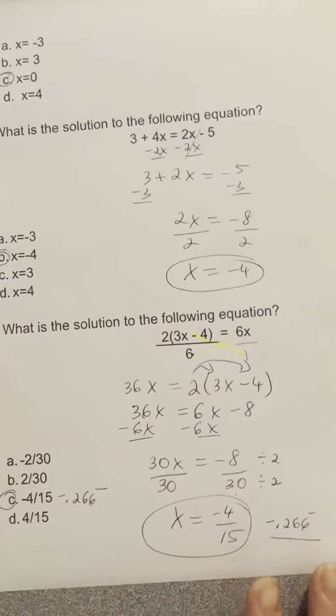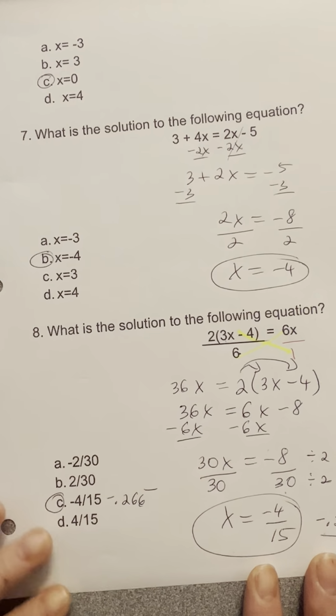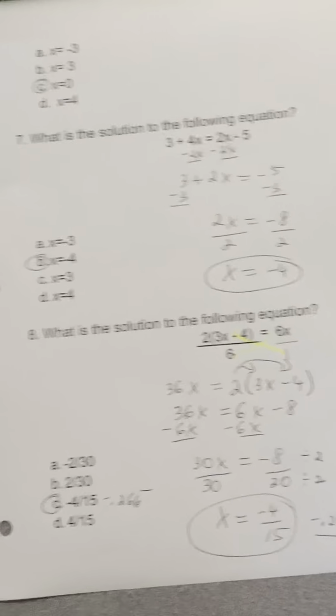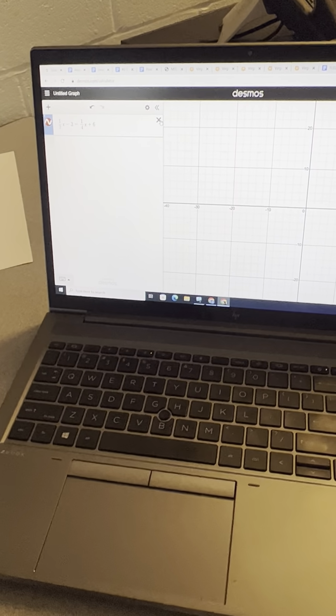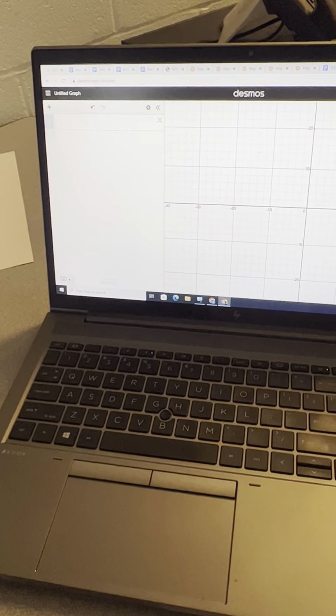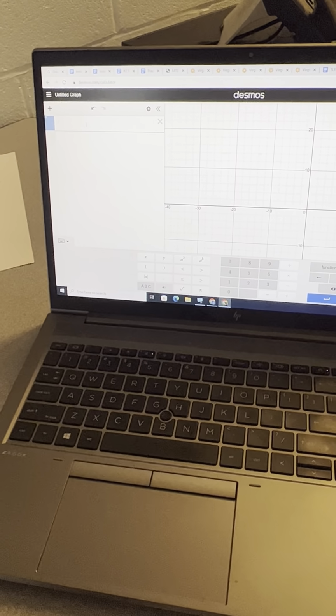Let's look at one more and let's look at number 7. So number 7, we're gonna try to see if it's -4. All right, we're gonna type in the whole equation. So what I'm gonna do, I'm gonna clear this one, that way we only have one graph. But if you forget to clear it, then you'll have 2 graphs. You're just gonna have to match up the colors.